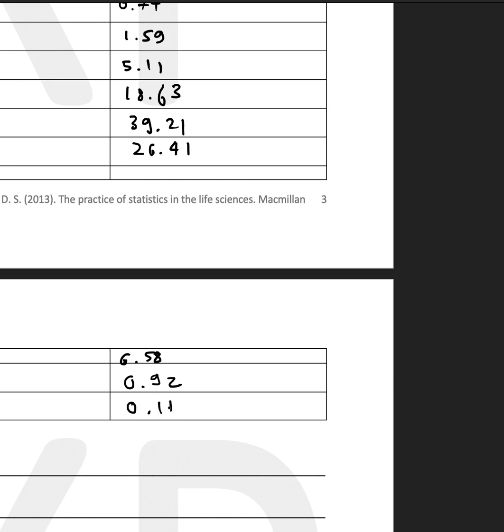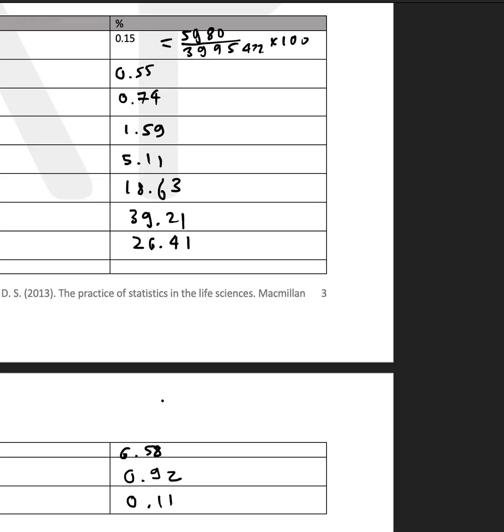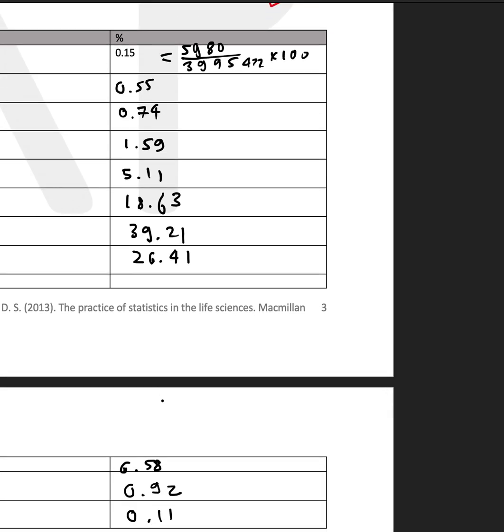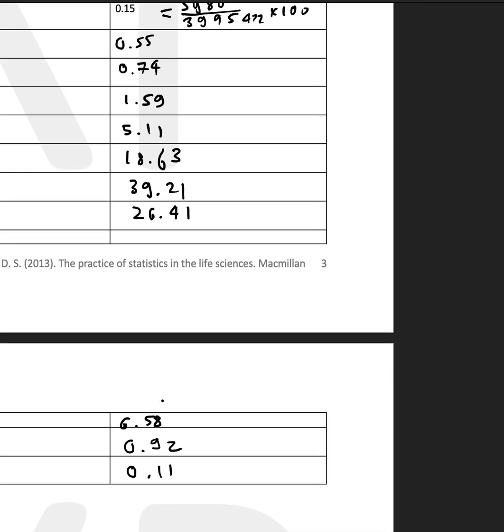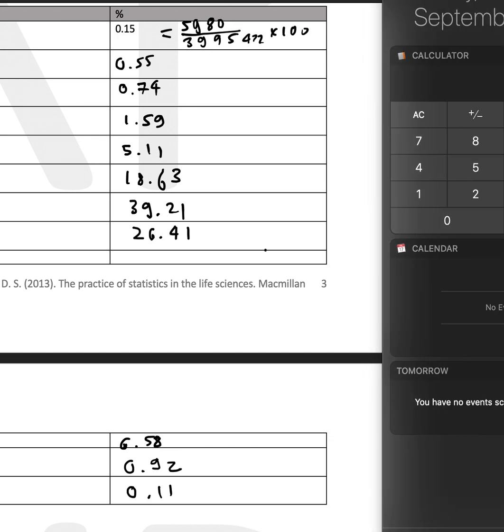All right, and you can cross check that by adding all these percentages and seeing if it comes to 100. If not, that means there is some mistake that we have made and then we have to redo the calculation.